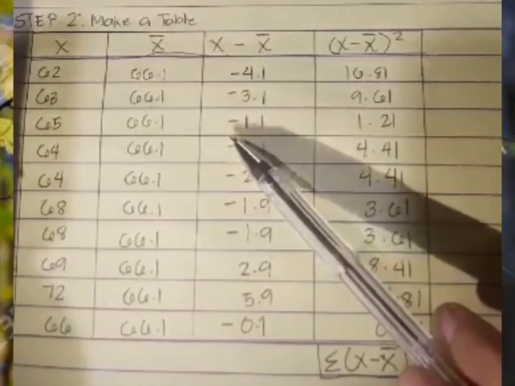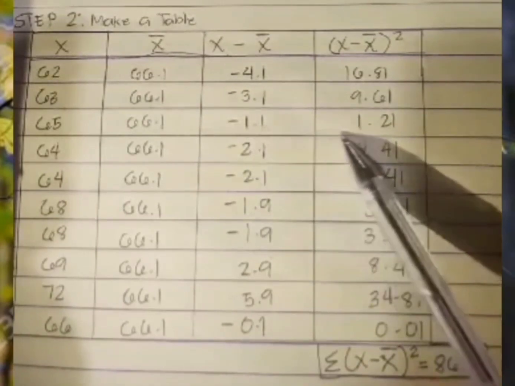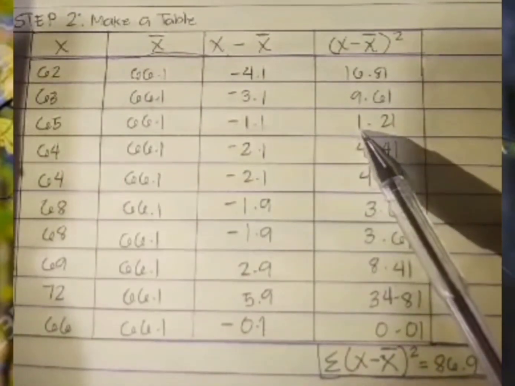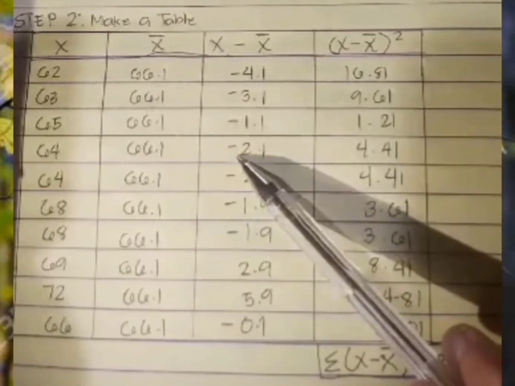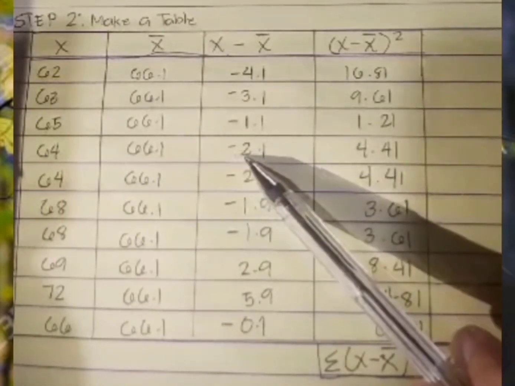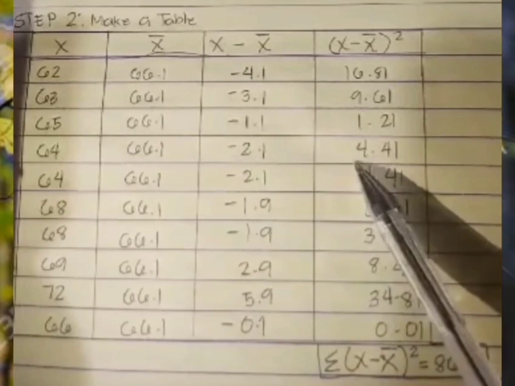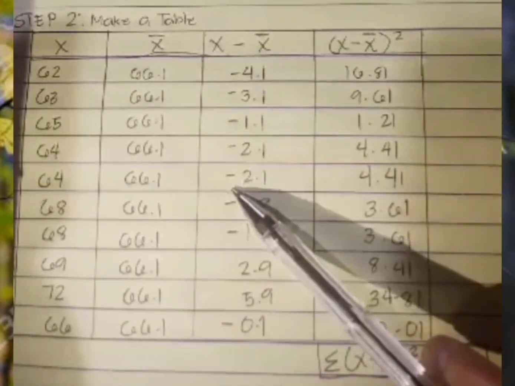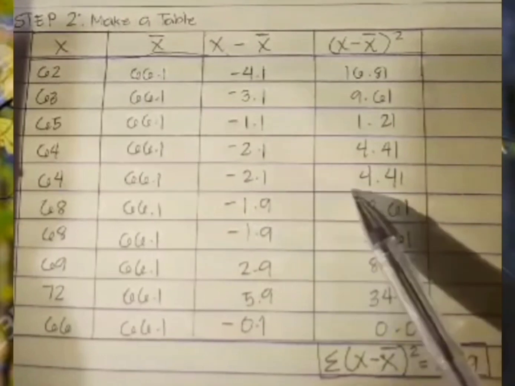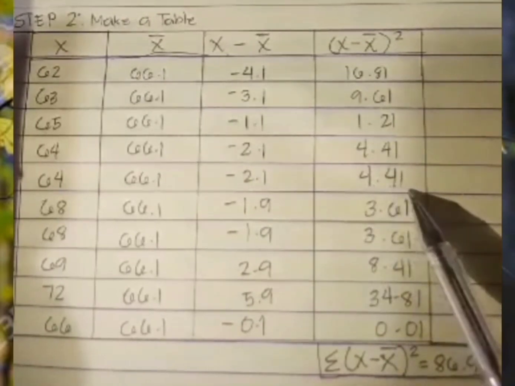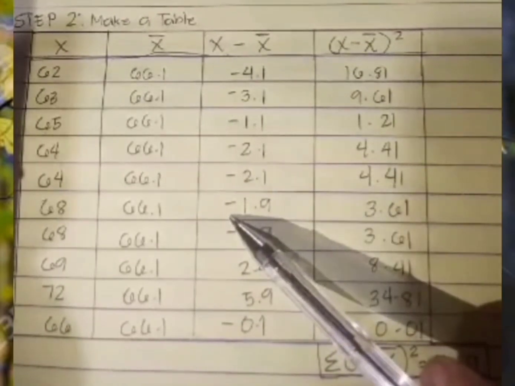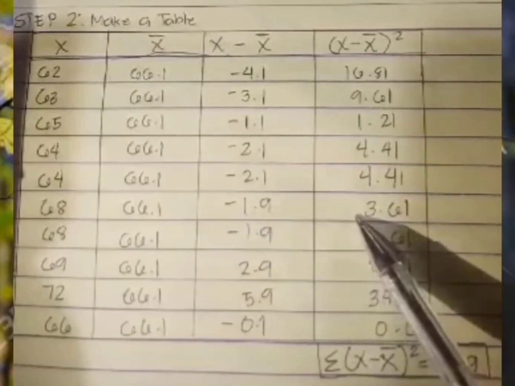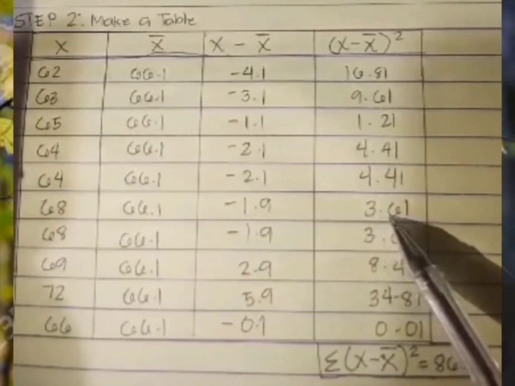Negative 1.1 squared equals positive 1.21. Negative 2.1 squared equals positive 4.41, twice. Negative 1.9 squared equals positive 3.61.